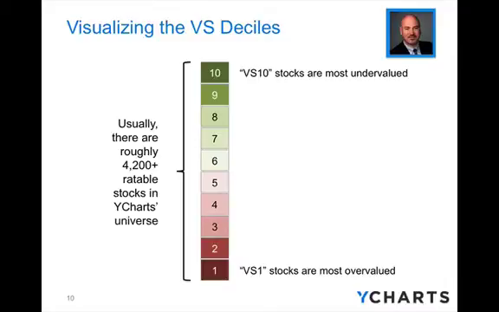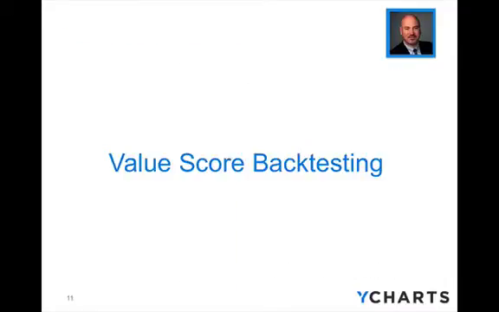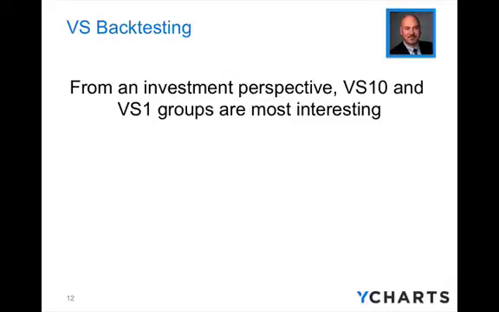Now that we understand how the value score is set up, let's take a look at how the value score has performed in the past. From an investment perspective, it's the extreme ends, the value score 10 and the value score 1 groups, that are the most interesting. And so these are the two groups that I focused on when I did the backtesting.